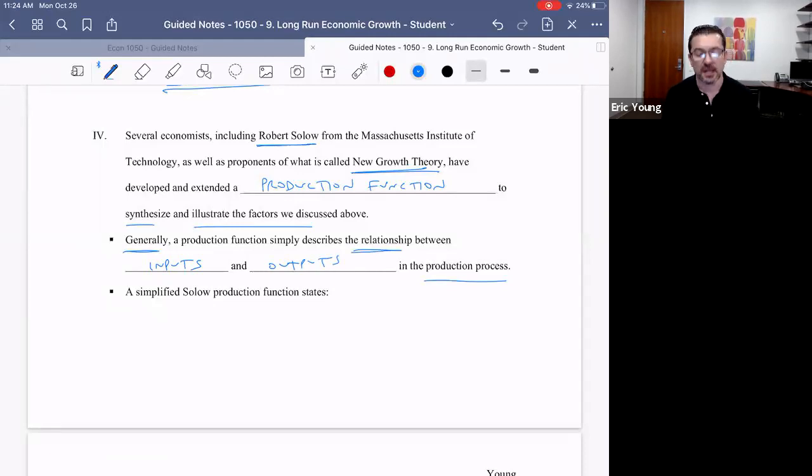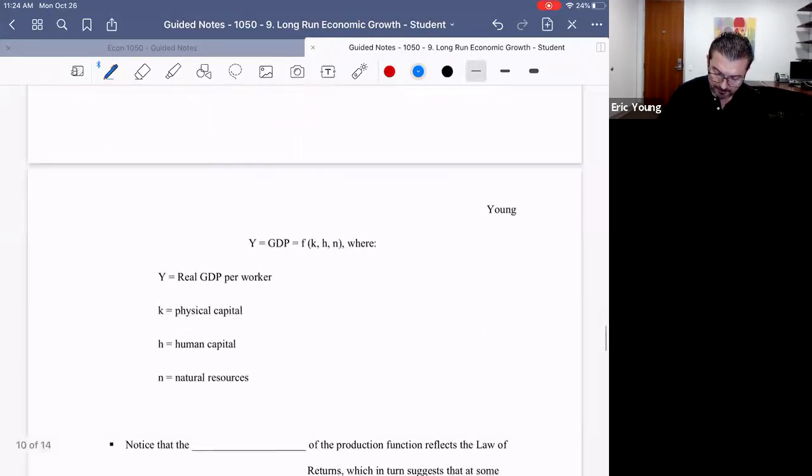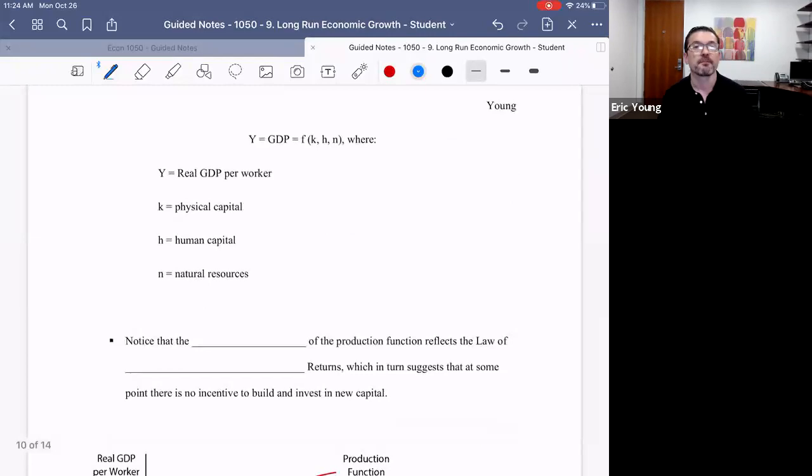What Solow has done is he has taken the production function and put it into a formula. You see that right here, okay? Let's go through it really quickly.